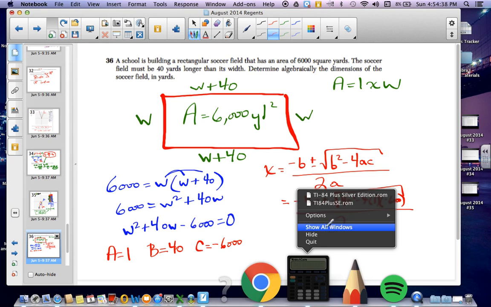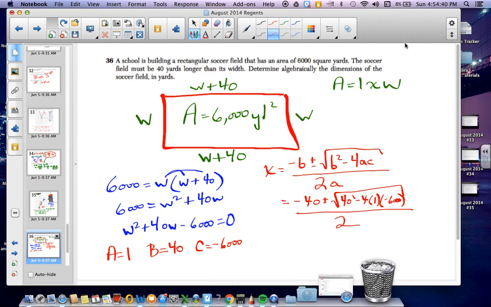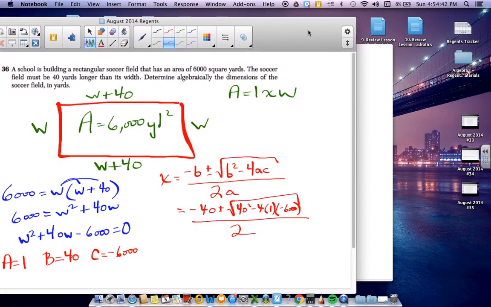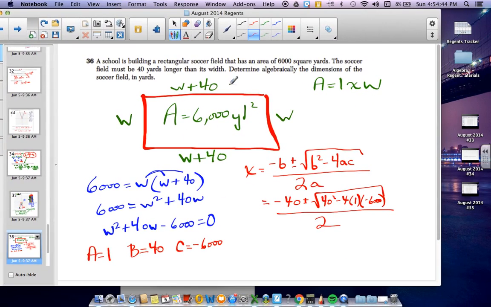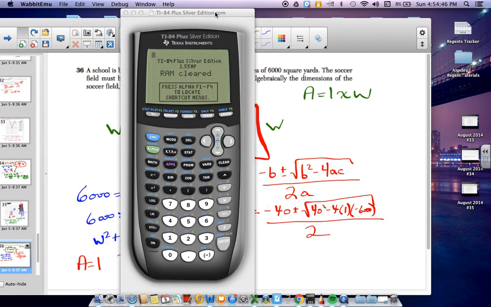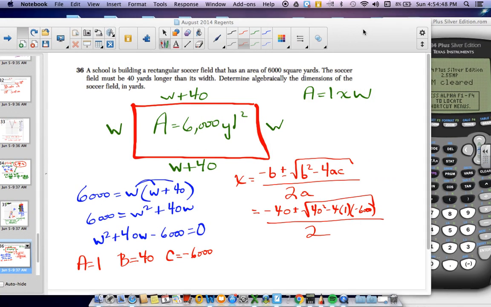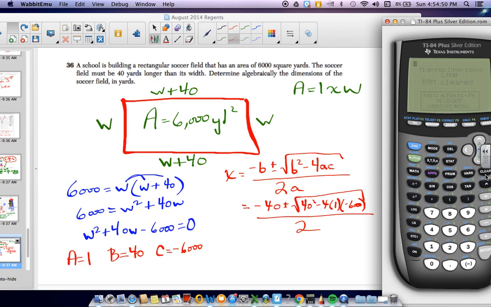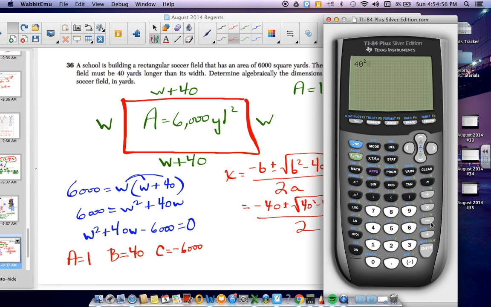So I like to type the discriminant into the calculator to give me a good idea of what I'm dealing with under the radical. So we're going to get 40 squared minus 4, put this all in parentheses, minus 4 times 1 times negative 6,000.